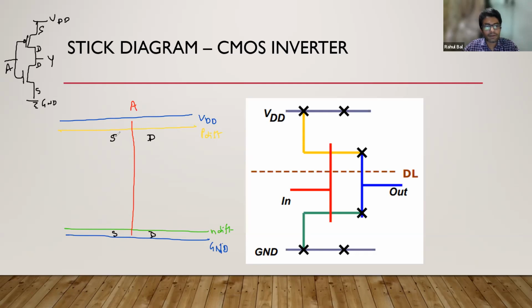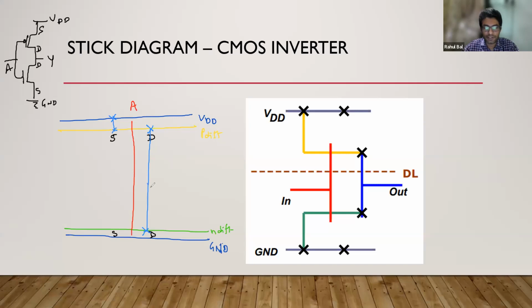Okay, then the source of the PMOS is connected to VDD. Drain of PMOS and drain of NMOS, they are interconnected using metal. And the output is also from this drain connection only.